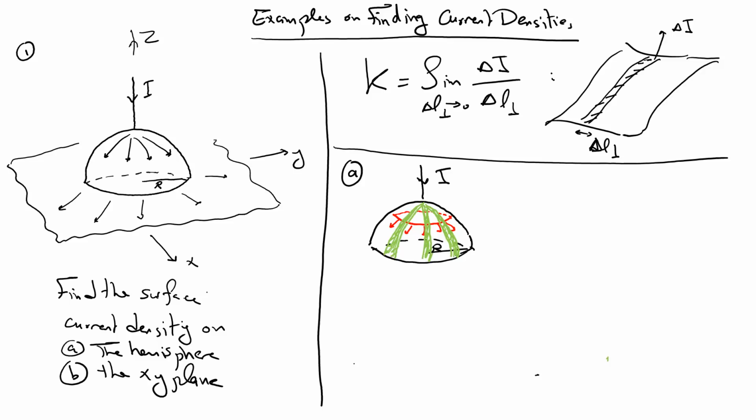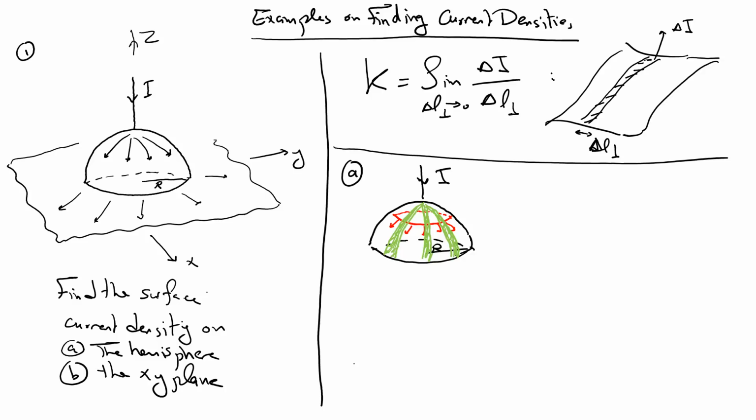But at least the lanes are identical. They look exactly identical. They vary in width in the same way as you go down the surface. So you expect just by symmetry that the amount of current in every lane, namely delta I, divided by delta L perpendicular, will be the same for every lane. So you have K over this first lane the same as K over the next lane and so on. So you have the same K everywhere.